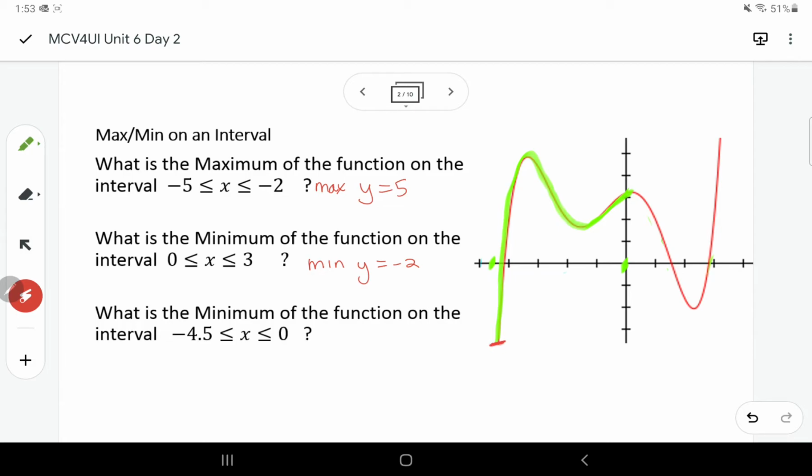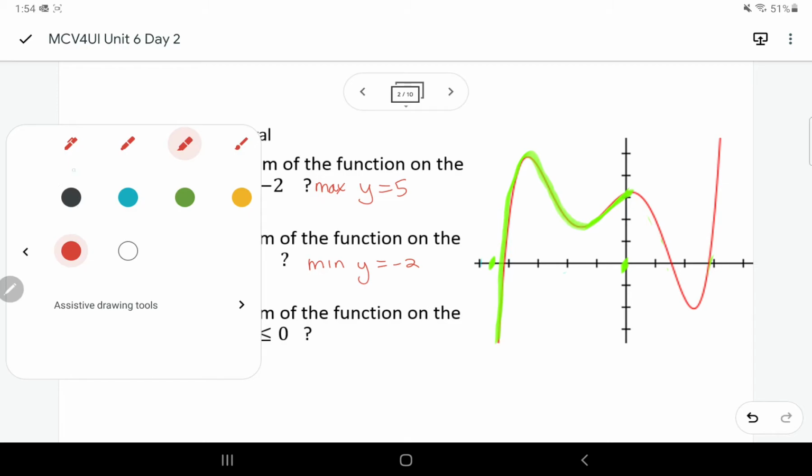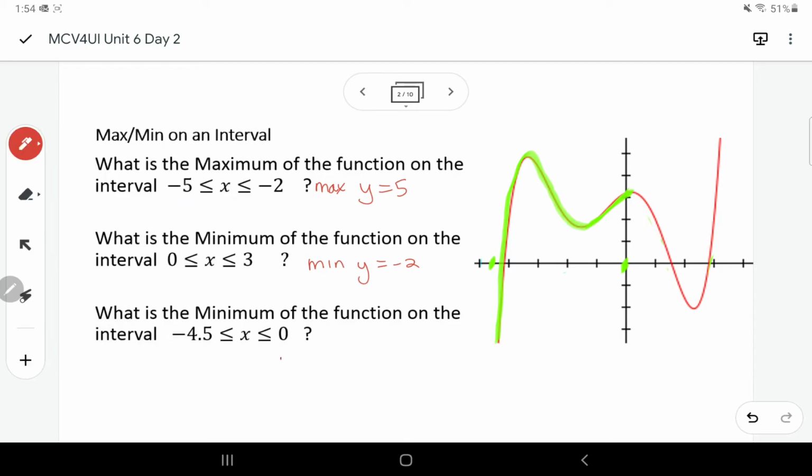But the actual lowest point, if you wanted to know where the minimum cost was or the minimum volume or whatever you might be looking for, is over here at about -3. So that would be the actual lowest point for that one.